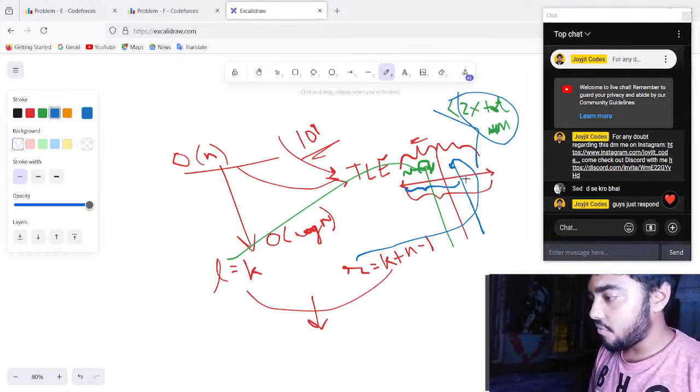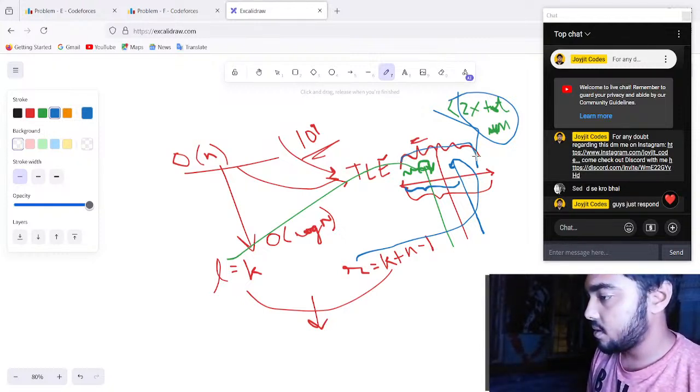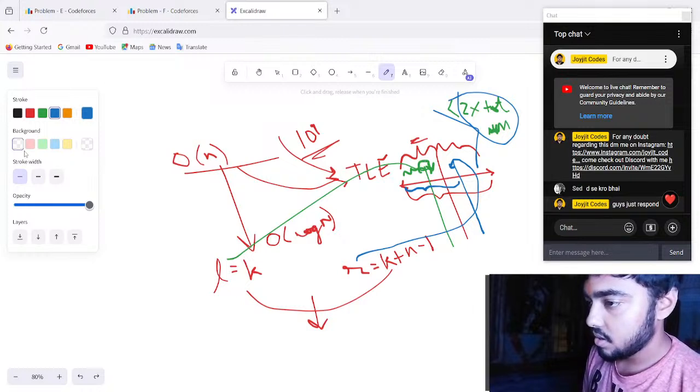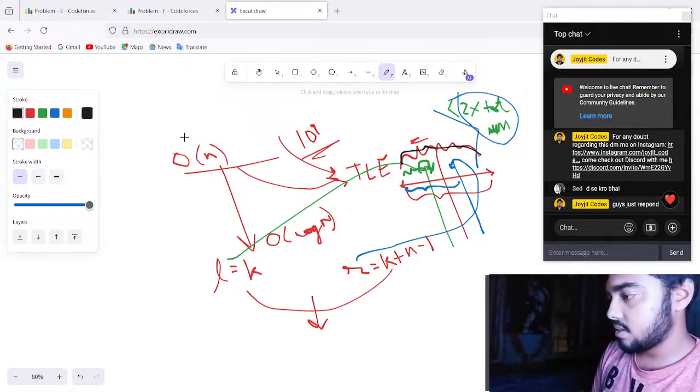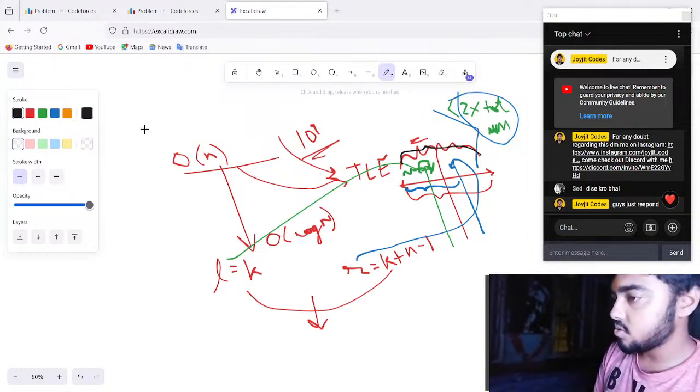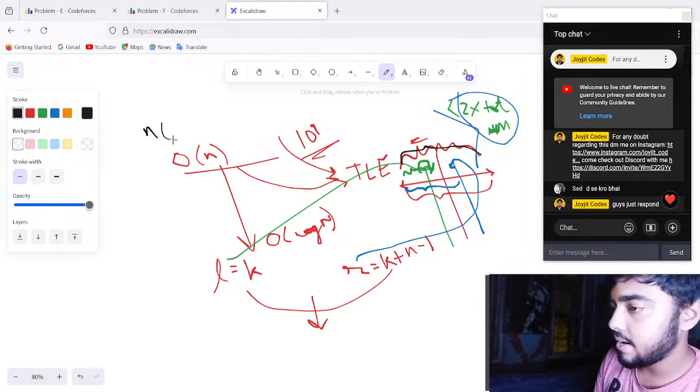Now, how are we going to find the total sum? This is a very good challenge for us. If we are just focusing on finding the sum of this whole array, we can use the formula n into n plus 1 by 2.